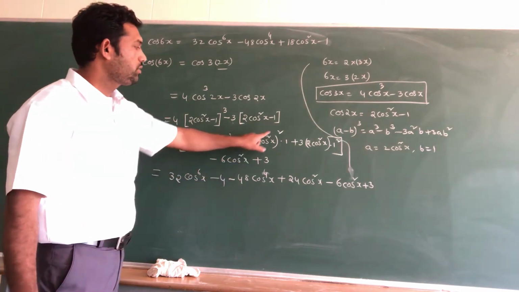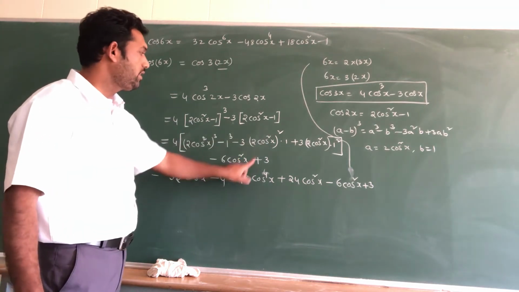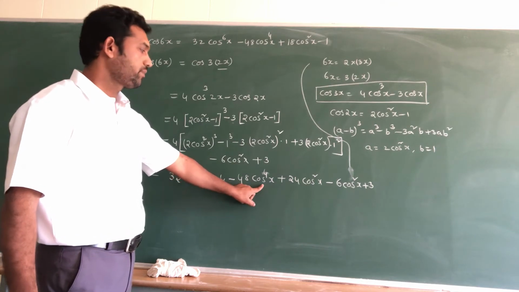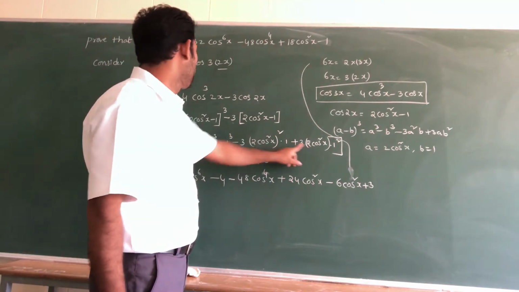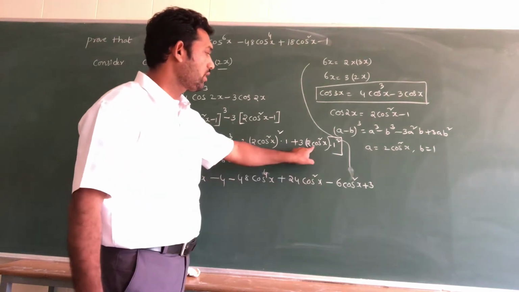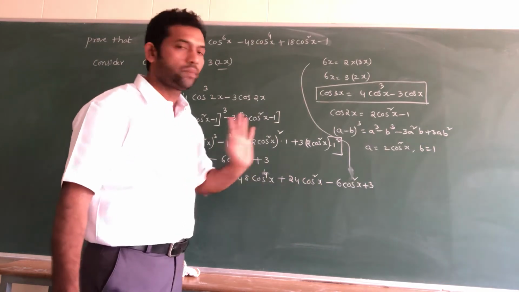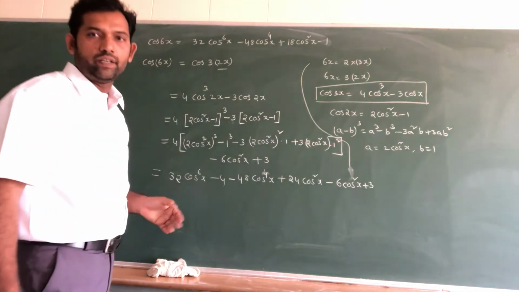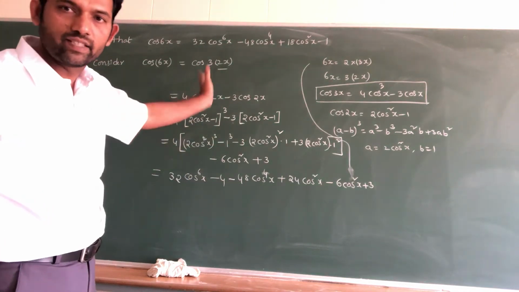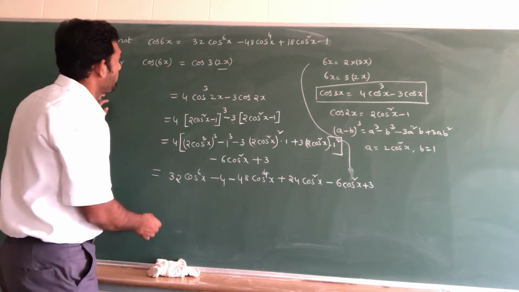Next, 2 square 4, 4 into 3 is 12, 12 into 4 is 48 cos^4 x. Next plus, 3 into 2, 6, 6 into 4, 24 cos square x minus 6 cos square x plus 3. So the inside bracket value is simplified and multiplied with 4 directly. Okay, right? Now see that simplification.